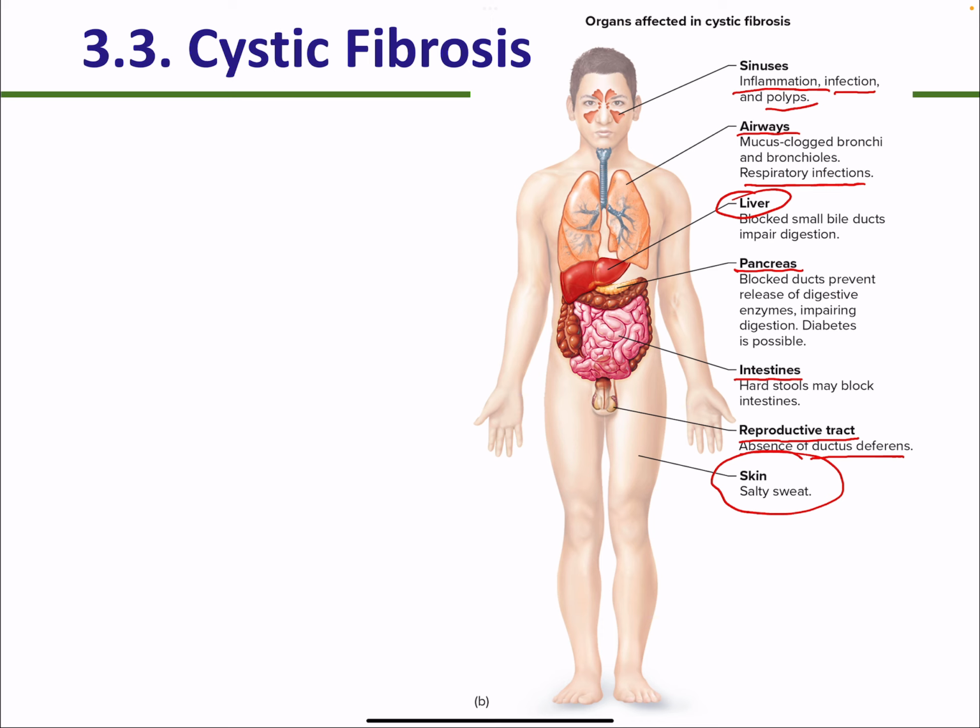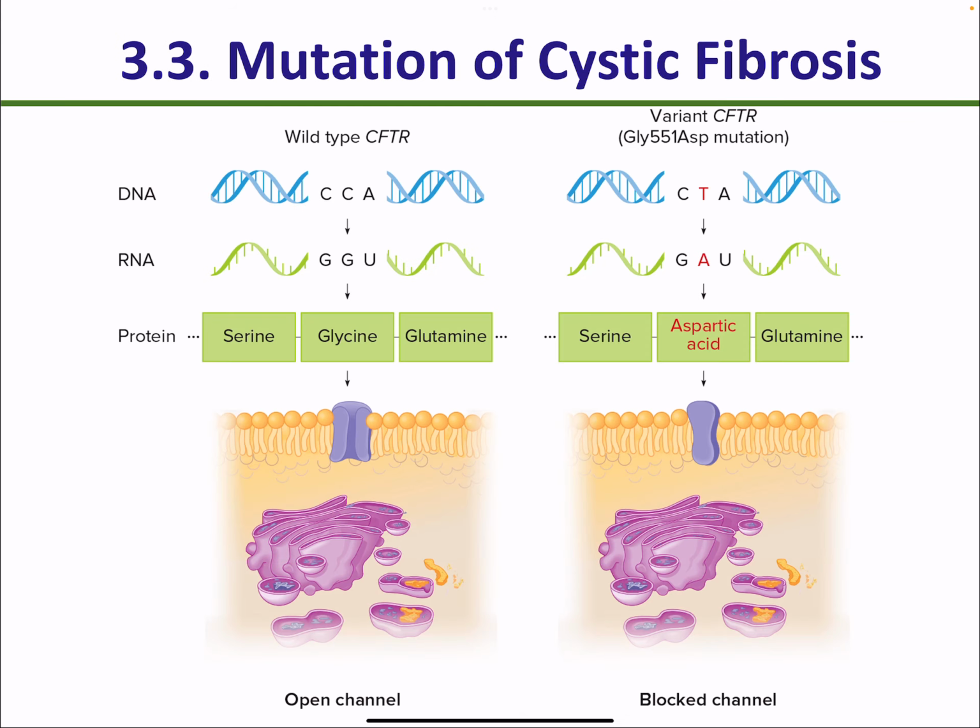So now that we've looked at some organs that can be affected because of a mutated version of CFTR, let's take a look at what specifically is mutated in CFTR.